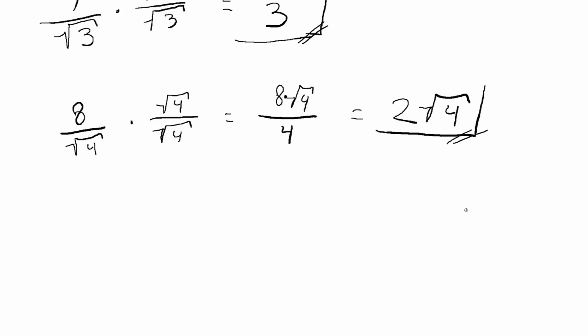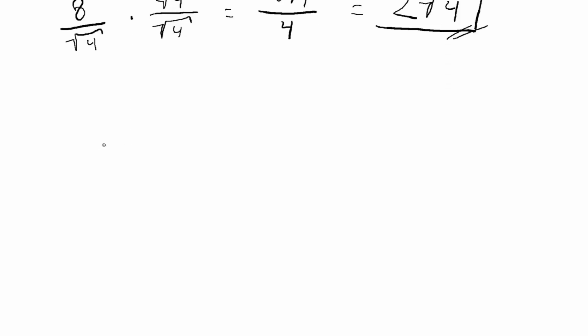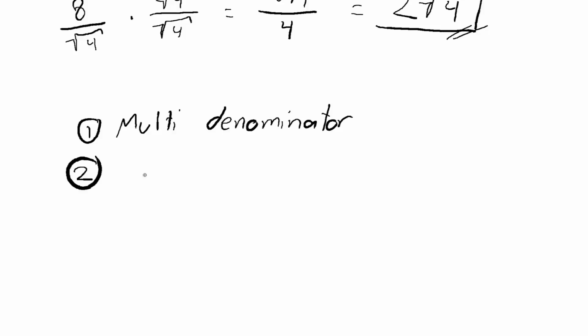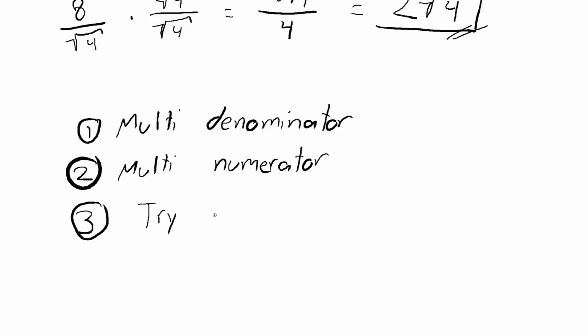So to sum it up, the first thing to do is multiply the denominators. Second thing is multiply the numerators. Third thing is try to simplify if possible.